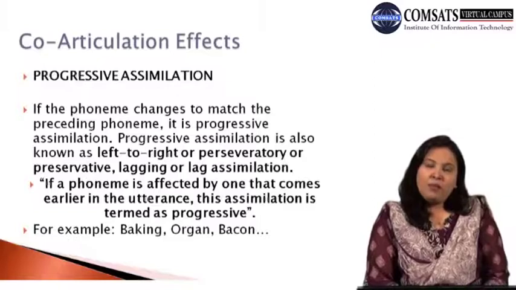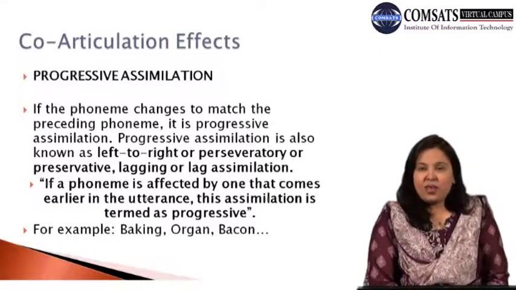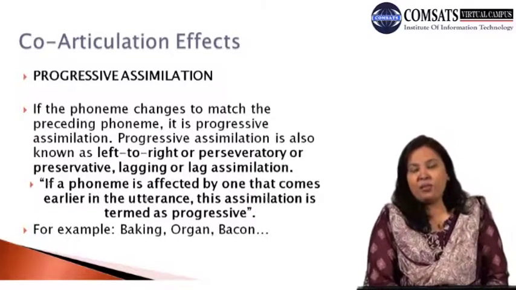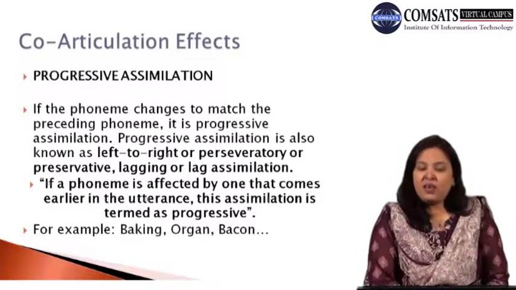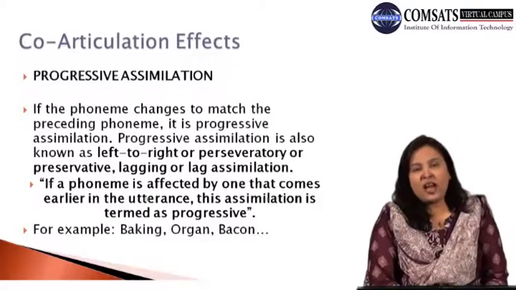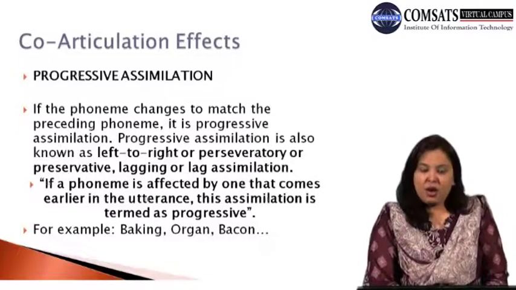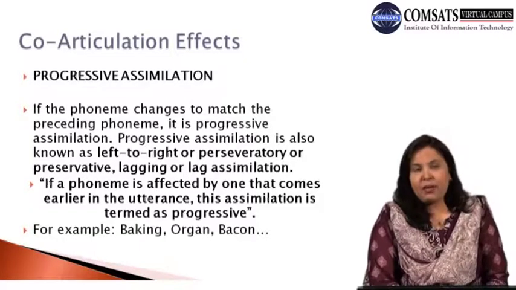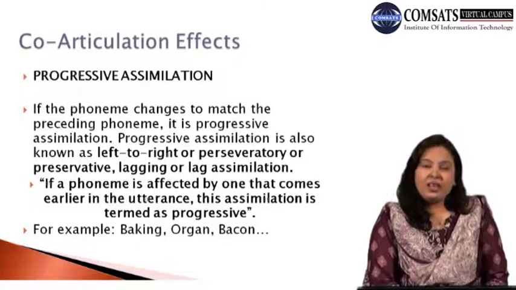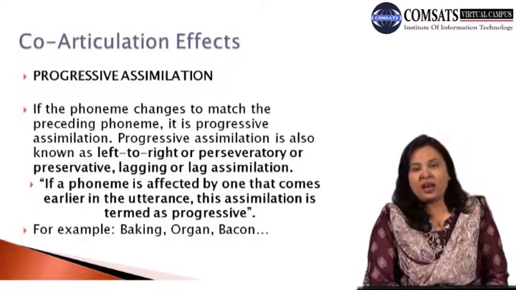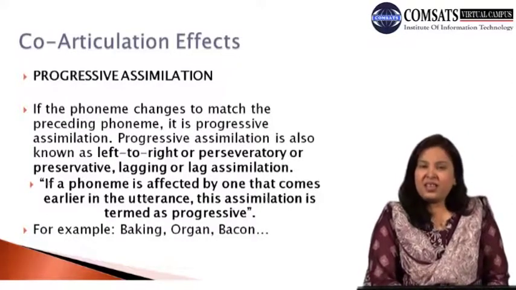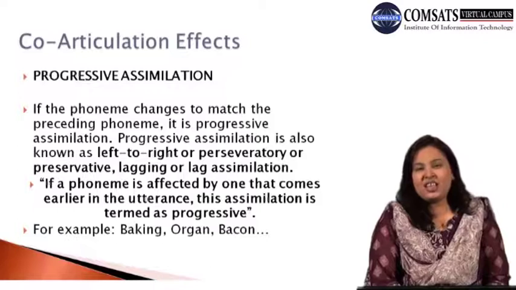It is following the previous phoneme. So this way they affect each other. And which one is affecting? The one phoneme is being affected by the preceding phoneme, and this kind of assimilation is known as progressive assimilation. Now, for example, baking. One phoneme is affected by the previous phoneme, the preceding phoneme. So this is a progressive assimilation.